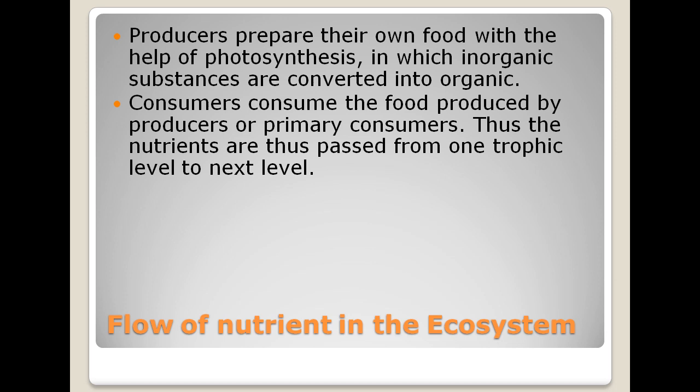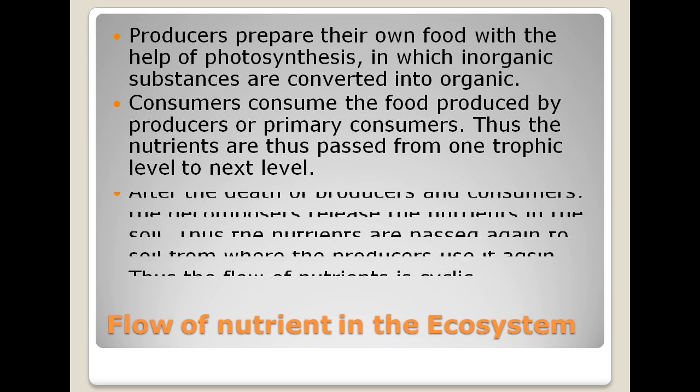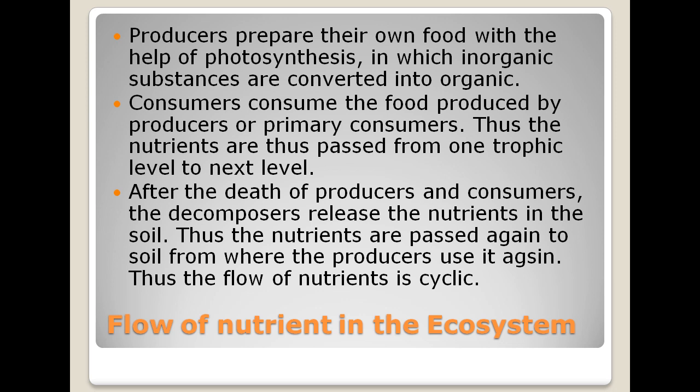Consumers will consume the producers. Similarly, primary consumers will be consumed by the next consumers. Then secondary consumers eat the primary consumers. Like this, the process continues and the nutrients are passed from one trophic level to another, just like the energy pyramid or food chain. After the death of producers and consumers, the decomposers release the nutrients into the soil.